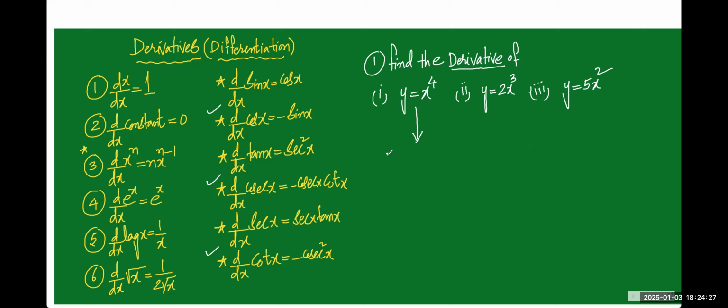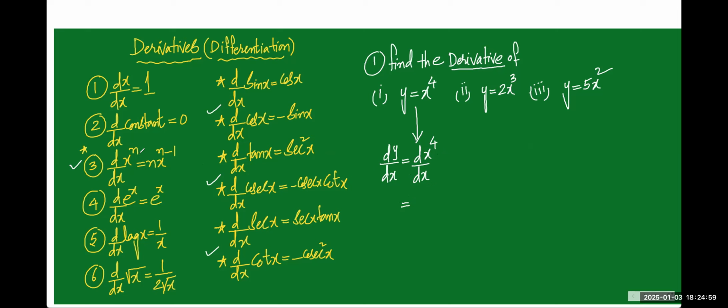Okay? Yeah. So like that, d by dx of y is equal to d by dx of x to the power of 4. That is x power 4, and this is completely related to this formula. Let us check it. d by dx of x, the n value is what?